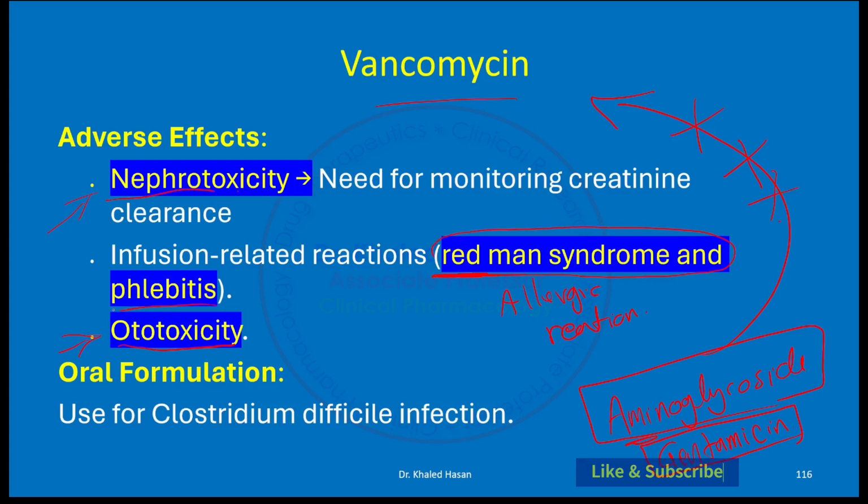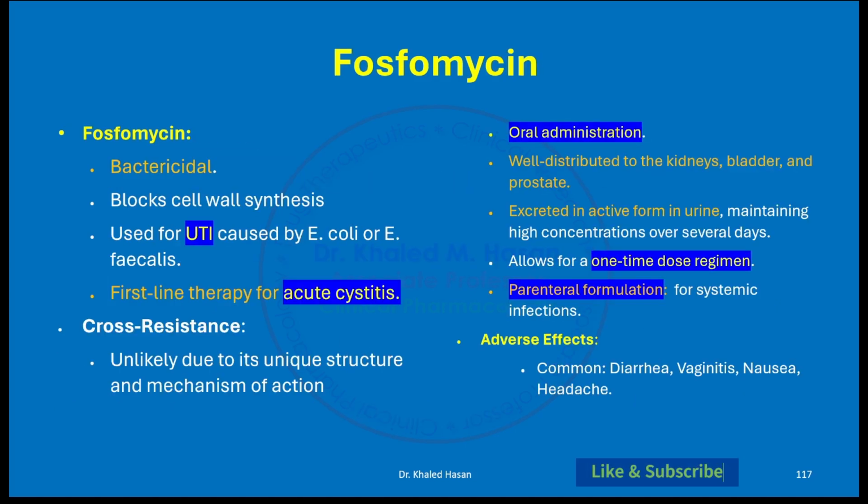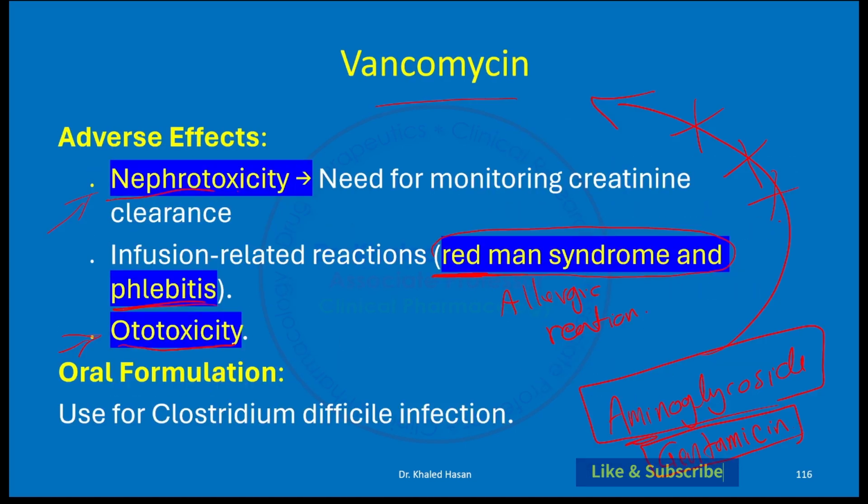Vancomycin is also characterized by red man syndrome and phlebitis. If you would like to remember these side effects of vancomycin, I have maybe a mnemonic for that. We have vancomycin, VAN. I will start from the end. N stands for nephrotoxicity, A for allergic, okay, and V for phlebitis.